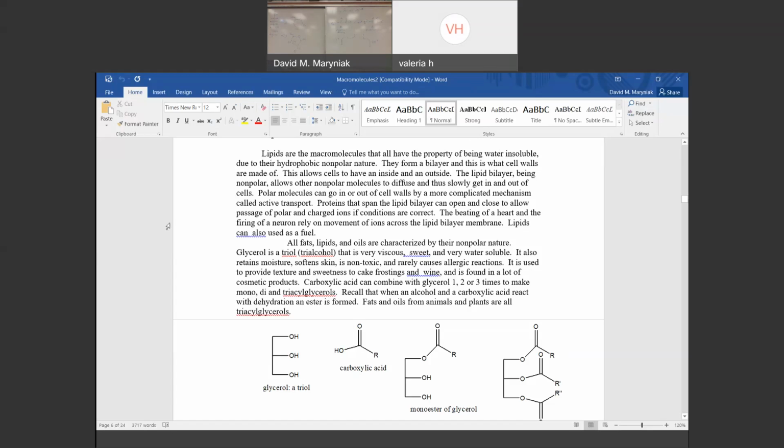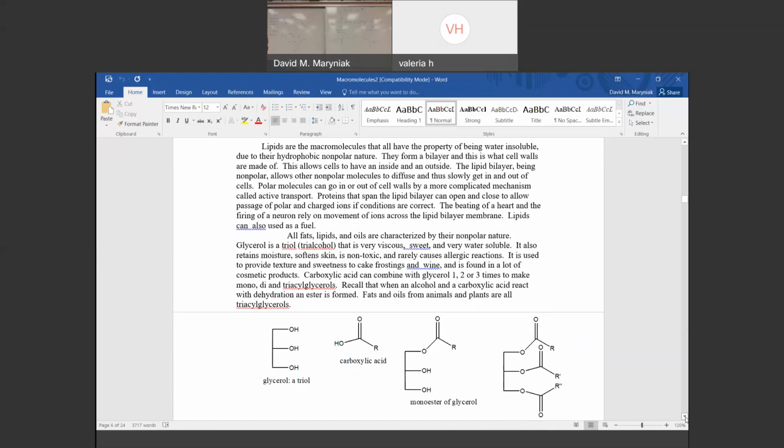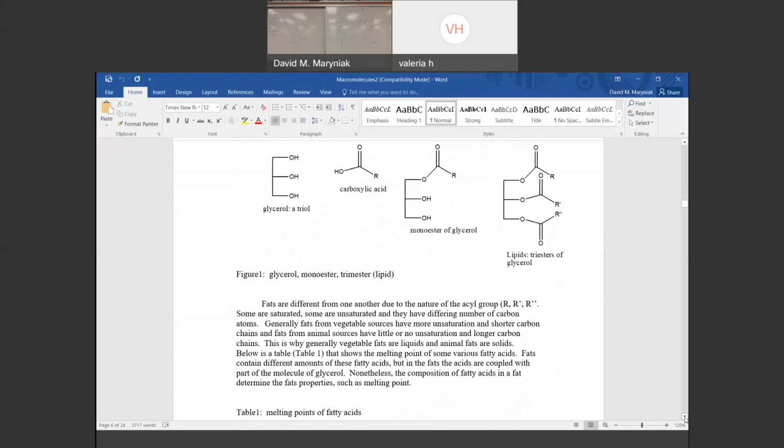And the key lipids that we've already talked about are triacylglycerols. So that's when you take this glycerol molecule, which is a triol, and esterify it using a carboxylic acid. And this R group is usually 12 to 20 carbons long. And this is one esterified alcohol.